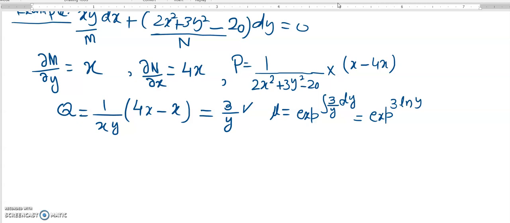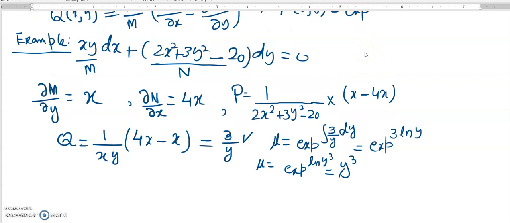Further, if we simplify, e to the 3 log y is log y cubed, which simplifies to y cubed. So this y cubed will be the integrating factor, which means the original equation will be multiplied by y cubed.